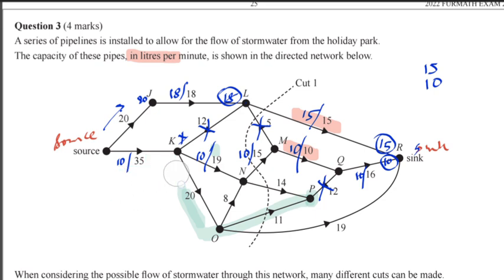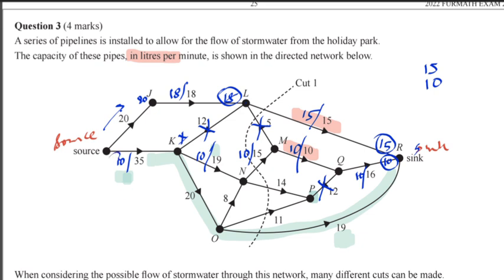So now let's look at the remaining path that's left. The only one that's left here is this one. So in order to check the value of the bottleneck on this path, there's still a capacity of 25 left here, but the bottleneck is the lowest value along that path, which is 19.